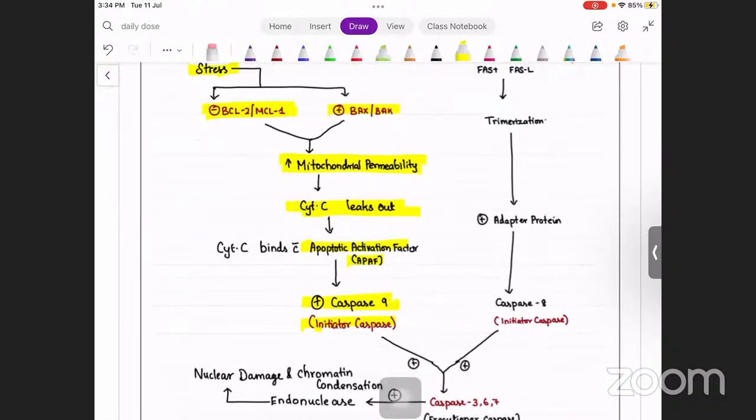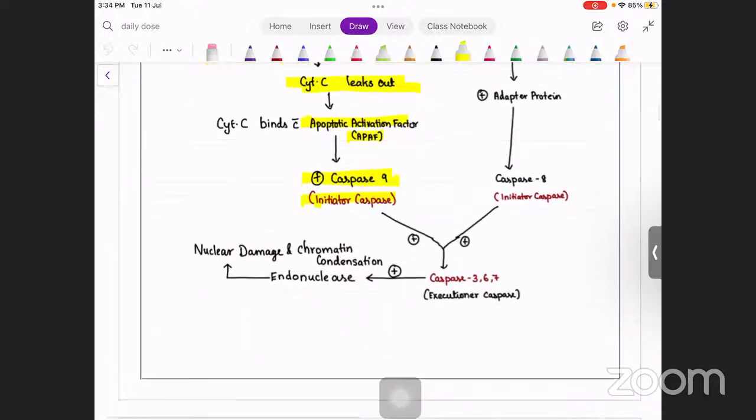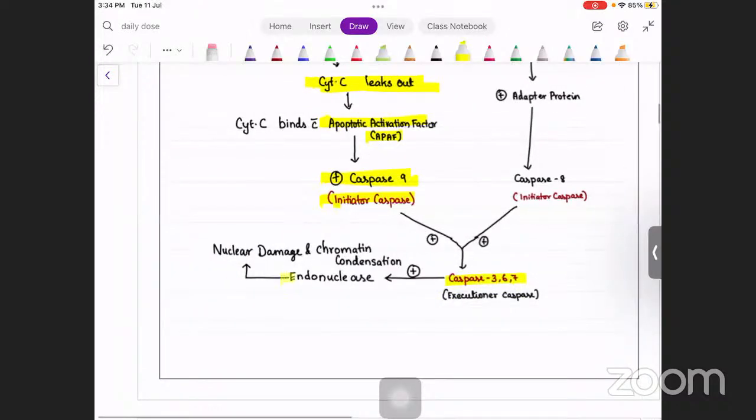Stress activates Bax or Bak, increasing mitochondrial permeability, cytochrome C leaks out, cytochrome C binds with apoptotic activation factor and in turn activates caspase 9, the initiator caspase. The initiator caspase will stimulate the executioner caspases 3, 6, 7 and in turn activates endonuclease, where you may see the nuclear damage and chromatin condensation.